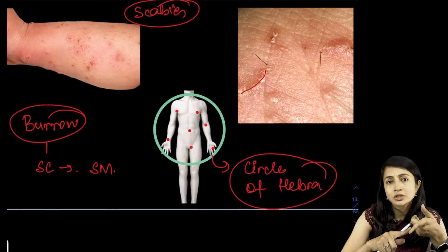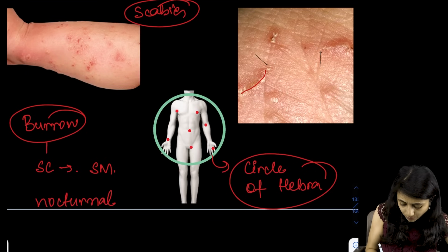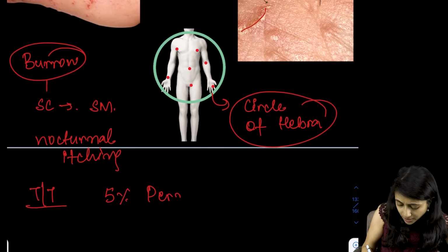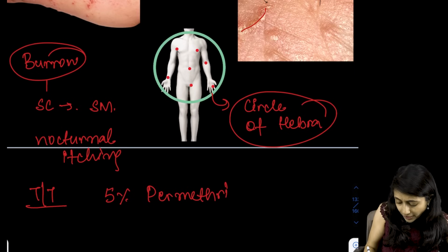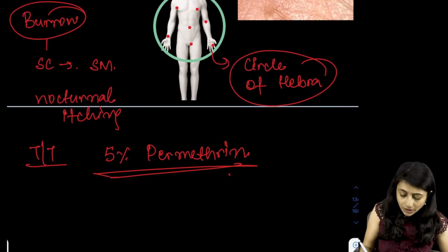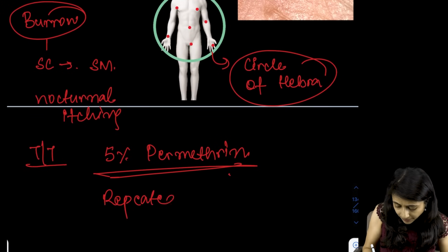Another important question that they ask you in scabies in symptoms, nocturnal itching is important. Then another important question that they ask you is about treatment. So what is my treatment of choice? I give 5% permethrin. 5% permethrin is the treatment of choice, but very importantly, the treatment needs to be repeated weekly.